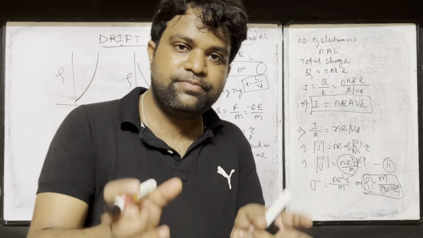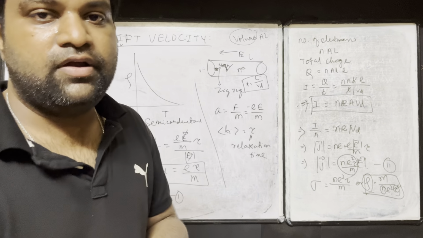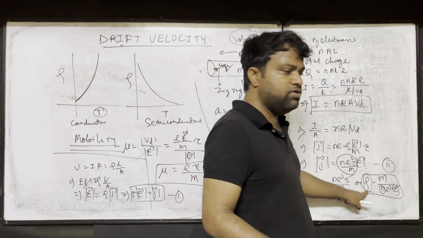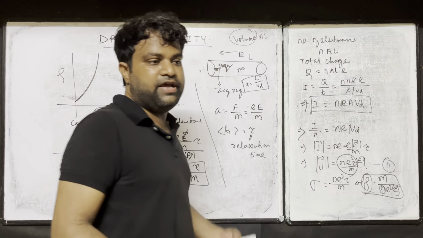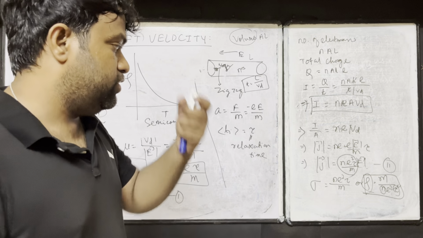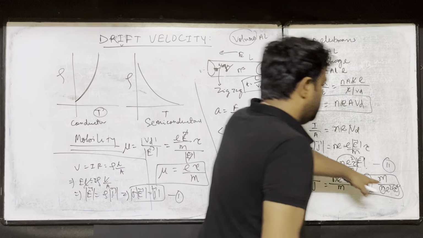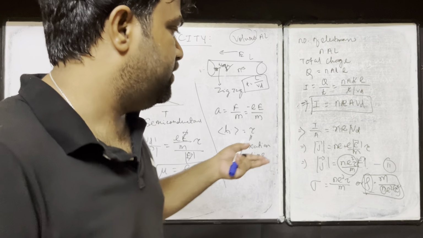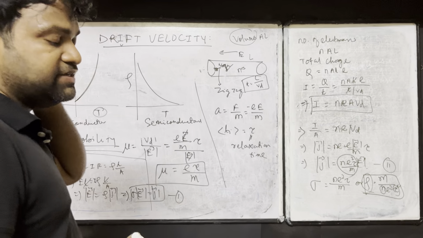So in the denominator, as a whole, the quantity increases, so rho decreases. The denominator as a whole goes up because n increases more and more as compared to tau, the relaxation time. So as a whole, resistivity decreases.